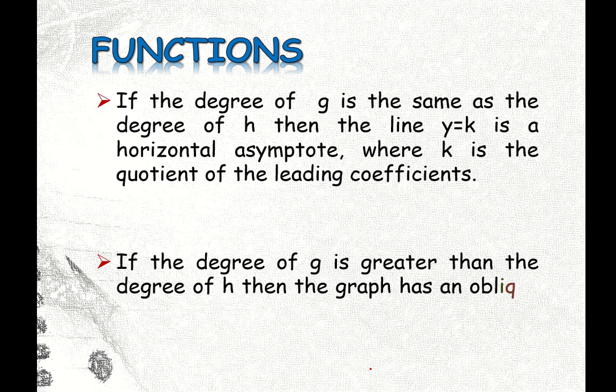If the degree of g is greater than the degree of h, then the graph has an oblique asymptote. So the horizontal asymptote is the line y equal to k, where k is the quotient of the leading coefficients.